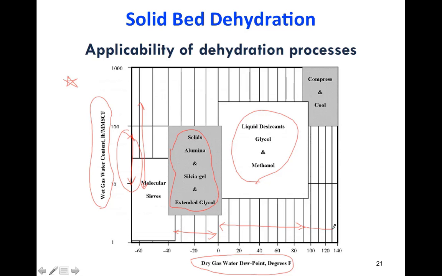And if we are dealing with a gas that has a very high dew point and high water content, in that case we will compress and cool the gas to separate the water. So this is a very important and nice figure that shows you the criteria to choose each of these processes based on the water content of the gas and the dew point.